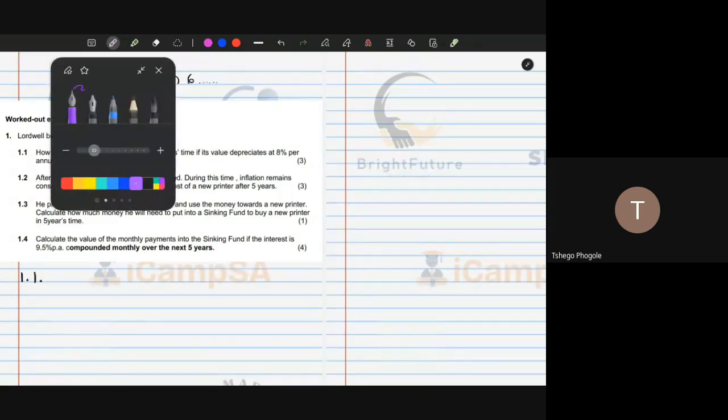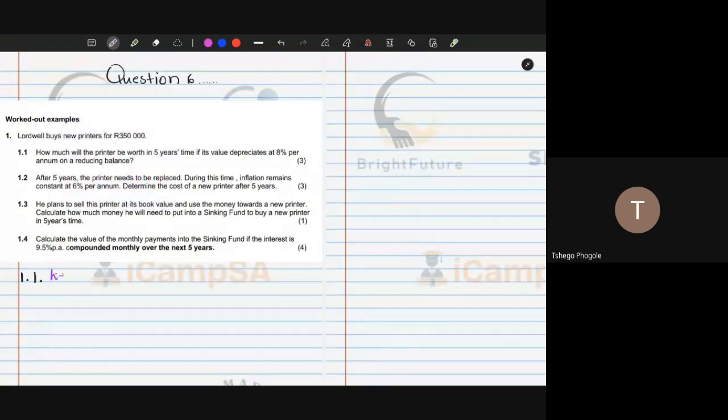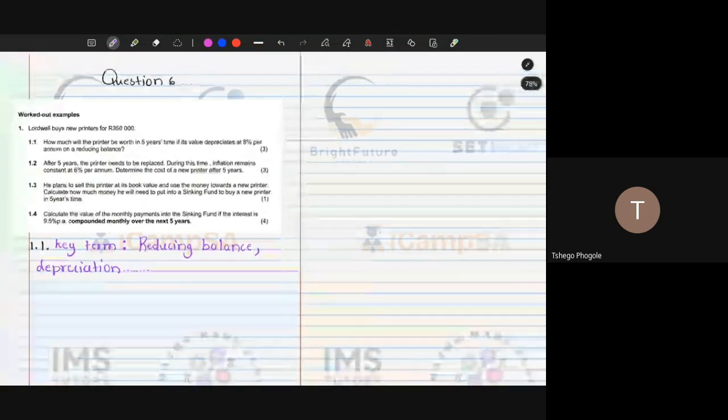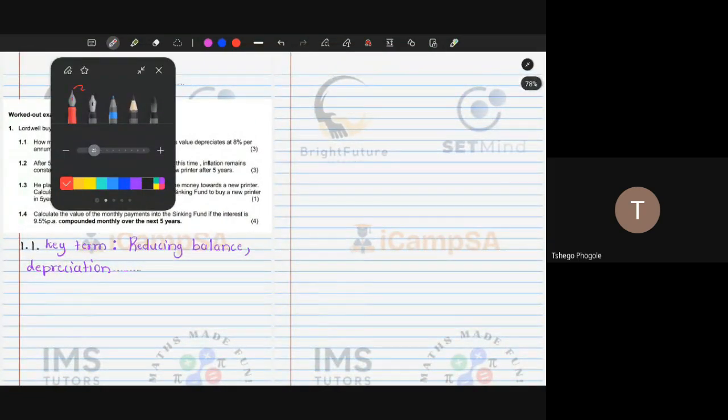So I see that a key term that they mentioned there is the term reducing balance, and another one is depreciation. I want to quickly remind you of something, guys, when it comes to depreciation.